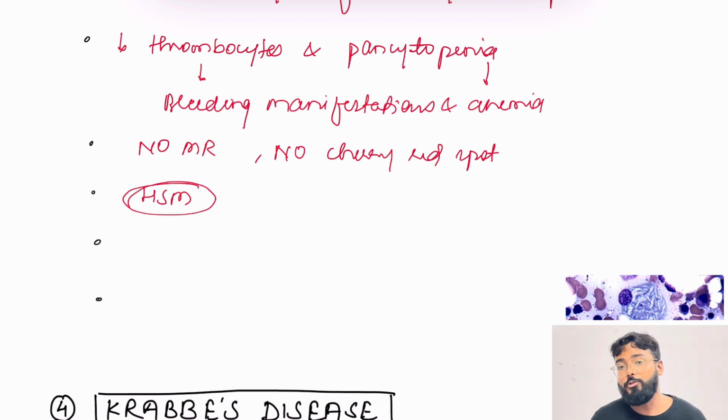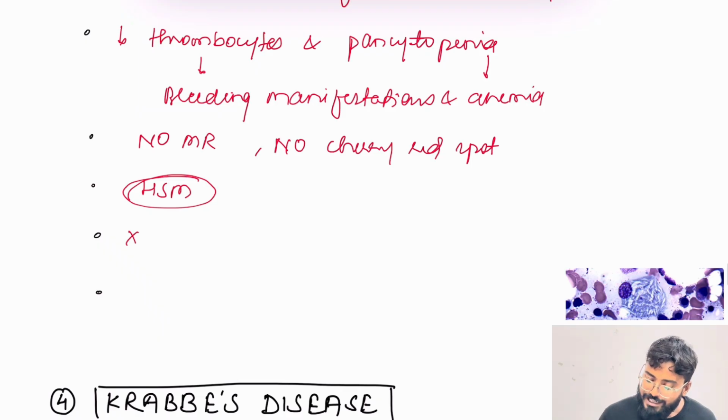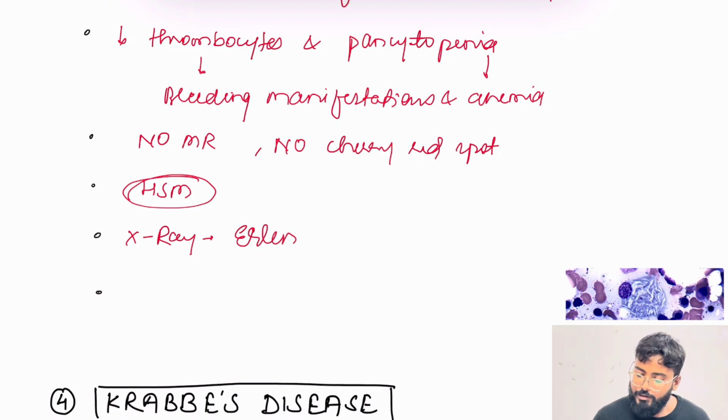The hepatosplenomegaly will be present, but mental retardation and cherry red spot you are not going to see in case of Gaucher's disease. Now on X-ray, you are going to see Erlenmeyer flask deformity.